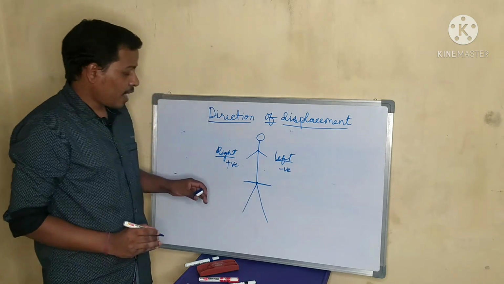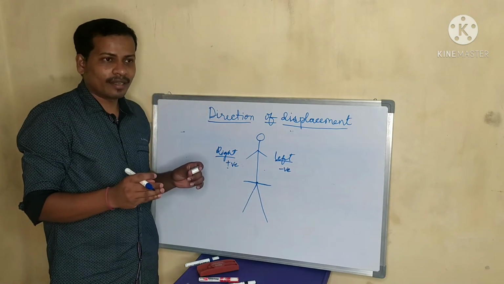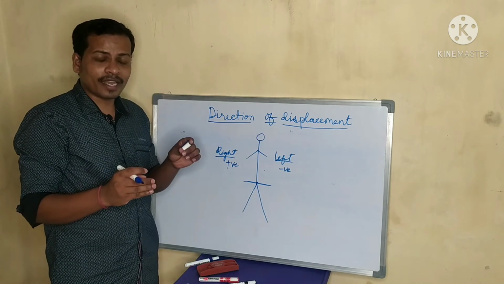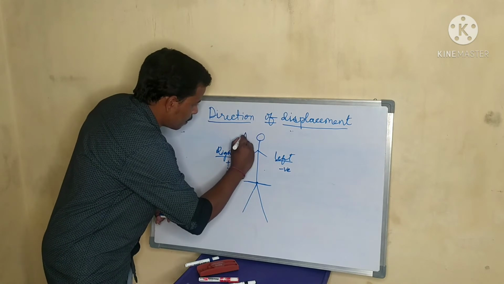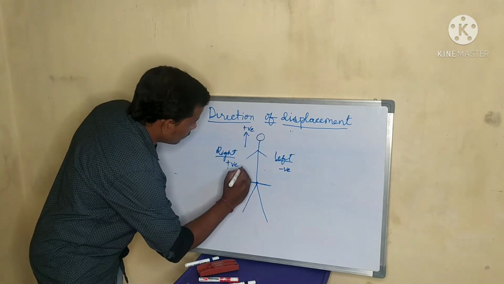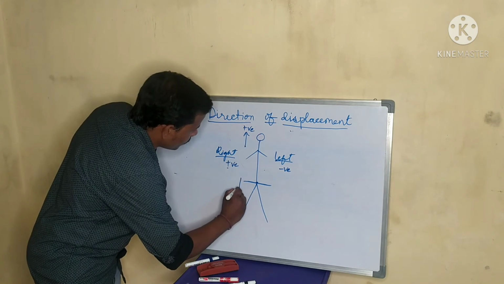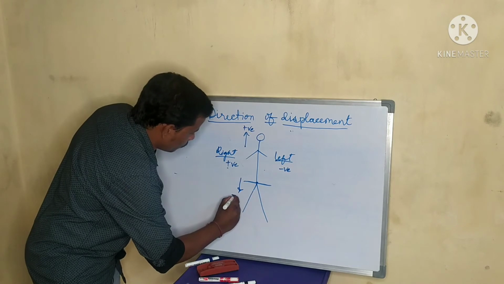And linear displacement with respect to the y-axis is designated as positive if it takes place in the upward direction, and negative in the downward direction.